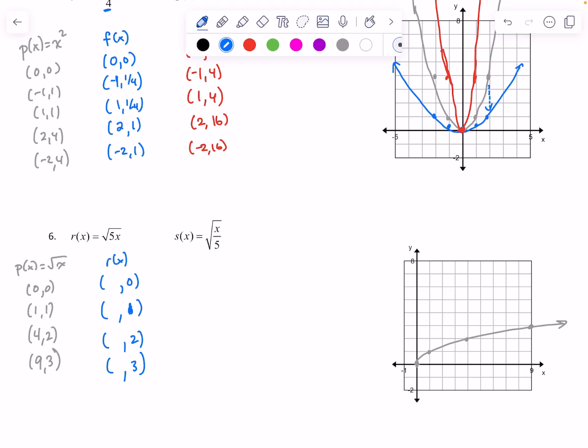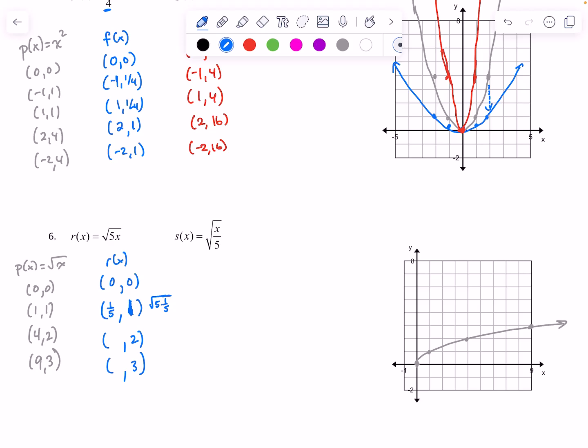And we'll see that that matches up for r of x. So if I divide 0 by 5, I get 0. So that still holds true. Now, if I take 1/5 as my x, and imagine plugging that in, then we have the square root of 5 times 1/5, which is the square root of 1. And so that's why the corresponding y coordinate there is 1.